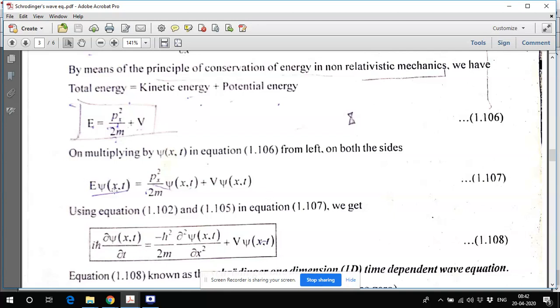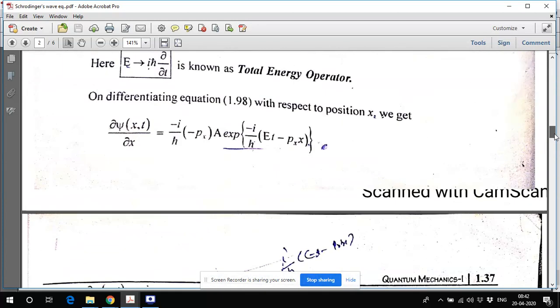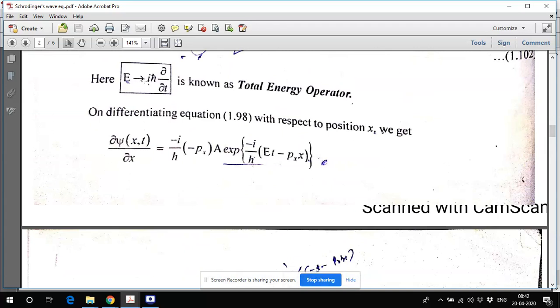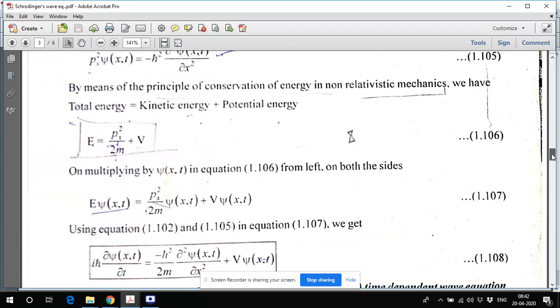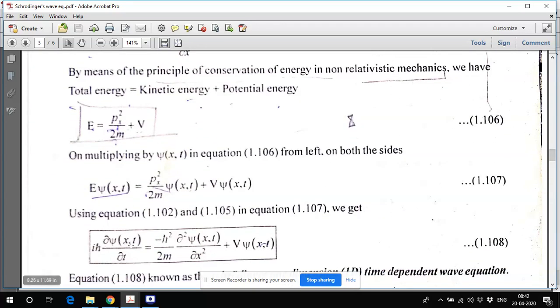Now this E, I know the operator: iota ħ ∂/∂t. So in place of E, I am writing iota ħ ∂/∂t operating on ψ(x,t).